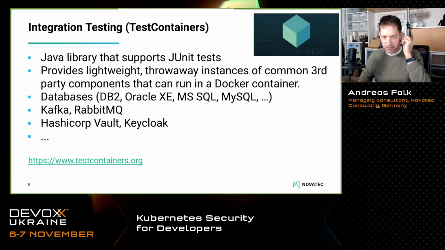So we have lots of support for products like the typical databases all offer support for test containers. Also messaging systems. I also test against identity providers like Keycloak that also provides a test container. So you can also test against a real identity management system, and you don't have to simulate your JSON web tokens and stuff like that.